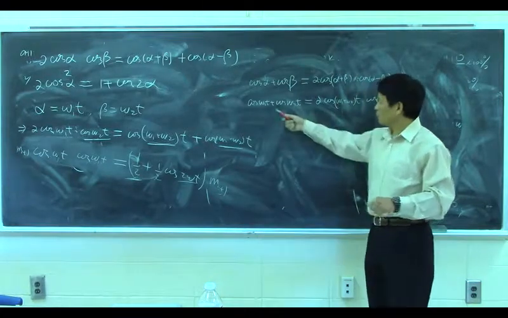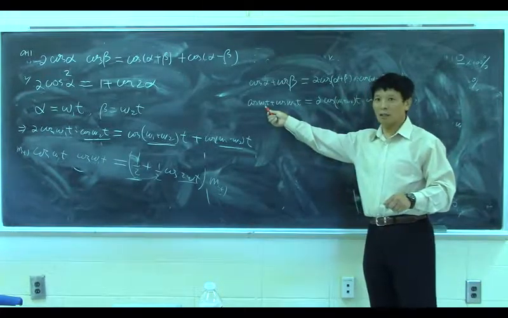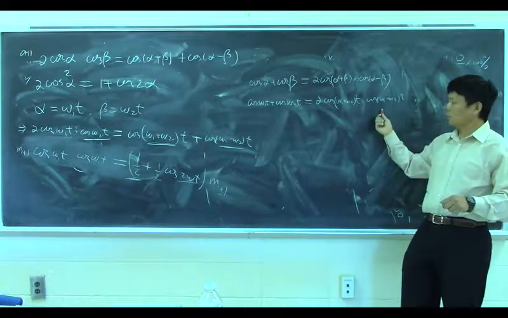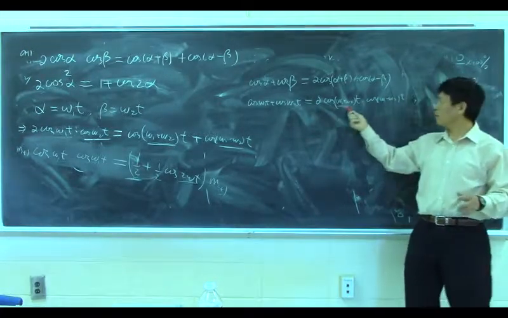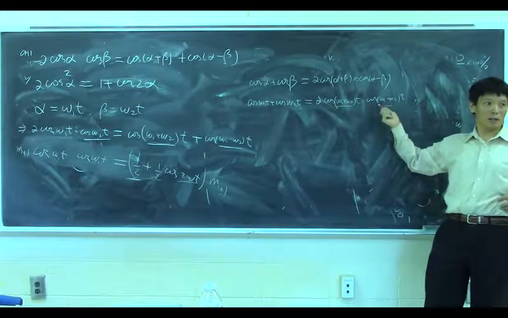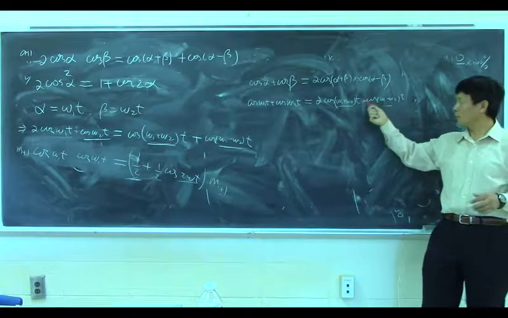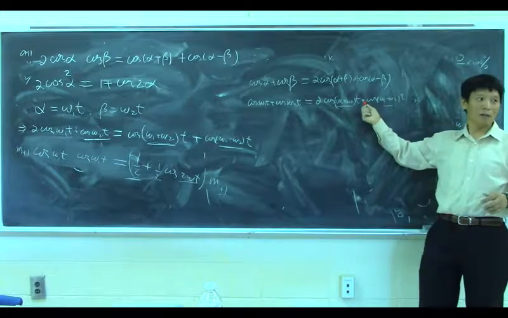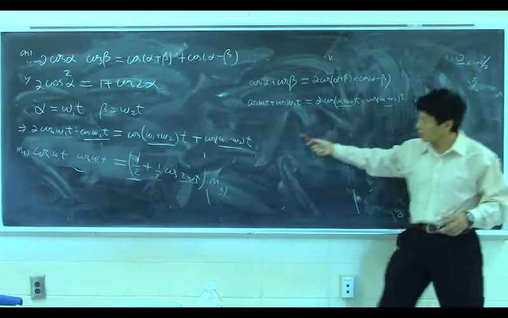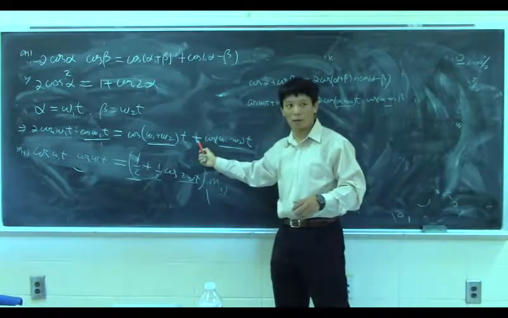And this one, cosine omega 1t plus cosine omega 2t, equals this times this. My question is, do we have new frequencies here? Looks like yes, right? Actually, no, because this is multiplication. These two are not new frequencies. These two are, because this is the addition.